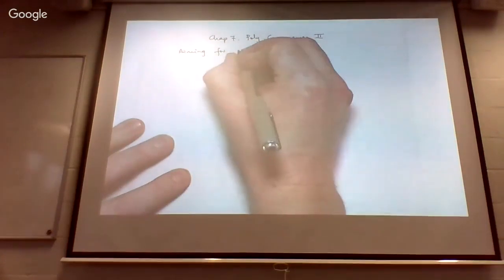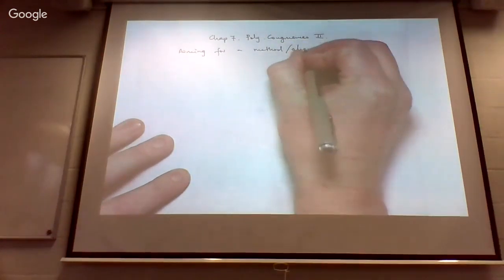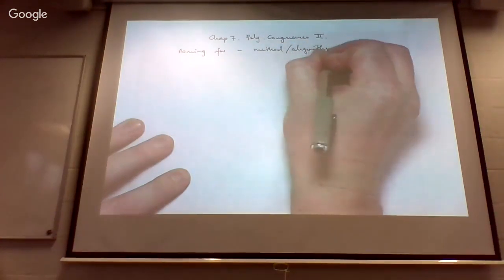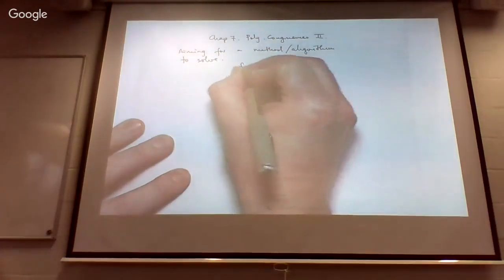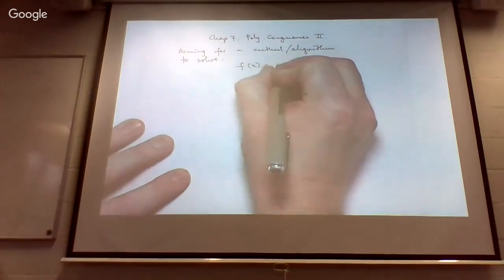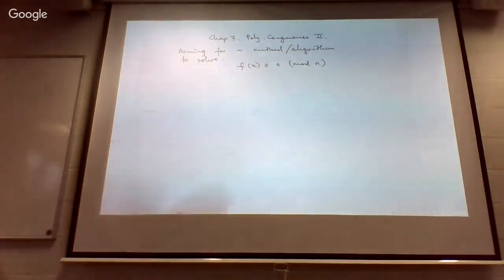So we're aiming for a method or an algorithm to solve the general problem, which is f(x) congruent to 0 modulo n.